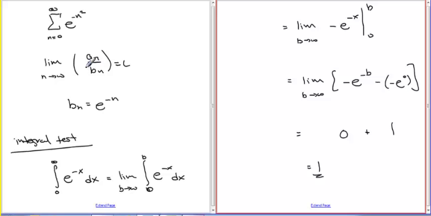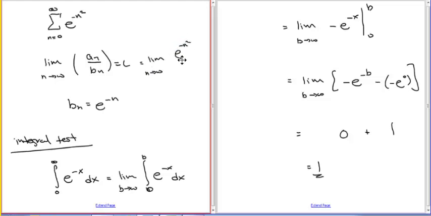Now the question is this ratio. So this converges, so that's good. Now the question is, does this thing equal L? So let's try that. The limit as n goes to infinity of e to the minus n squared divided by e to the minus n.